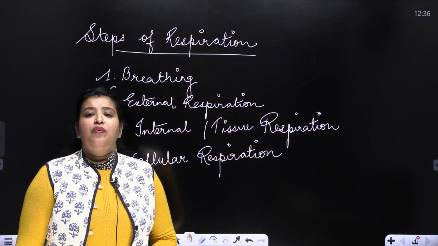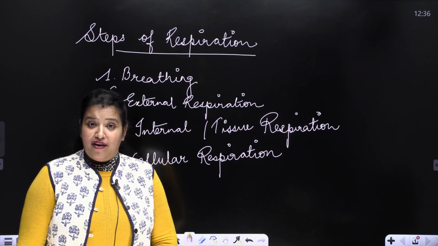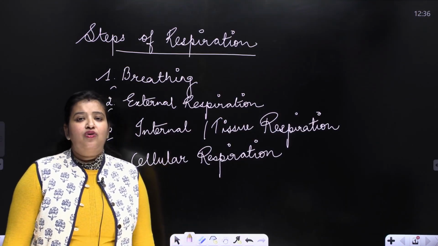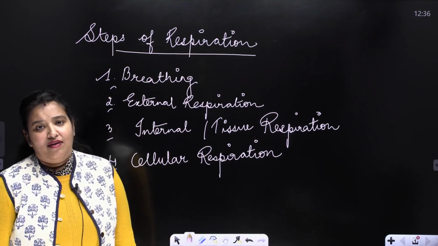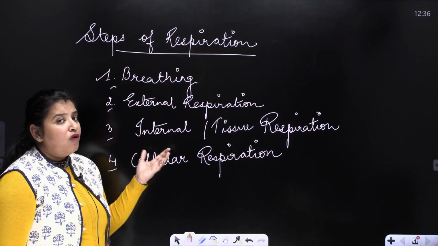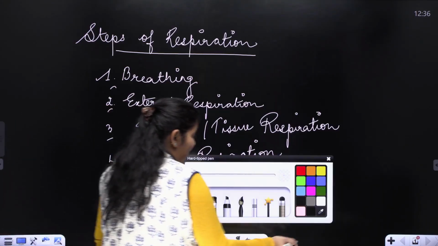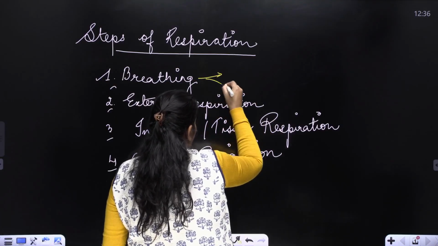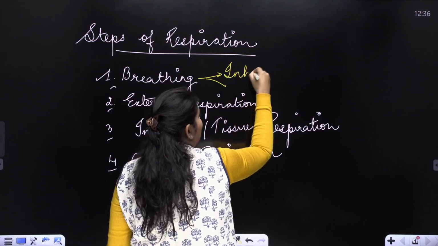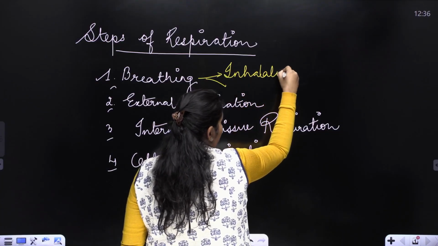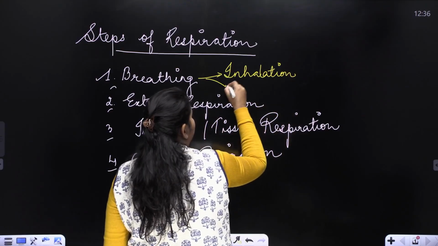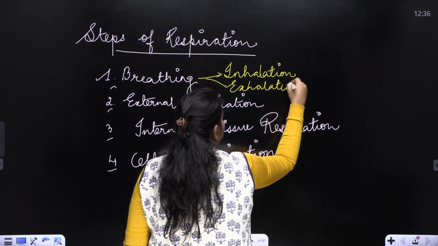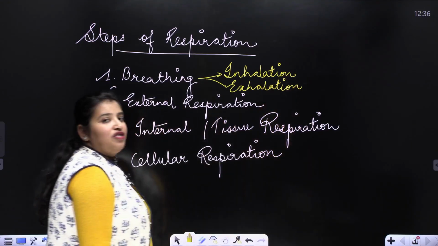When you inhale oxygen rich air and give out carbon dioxide rich air, that is called one breath cycle. So, breathing involves two steps, inhalation and exhalation. Inhalation is the intake of oxygen rich air and exhalation is giving out carbon dioxide rich air.